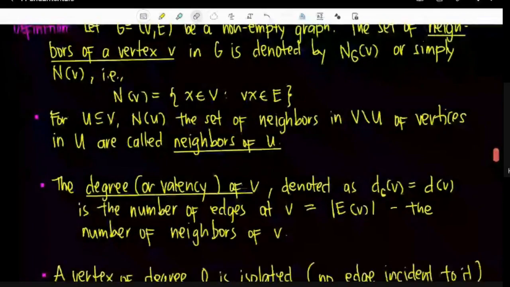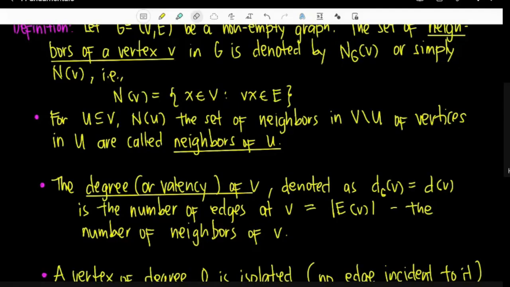Now, the degree of V, or sometimes called the valency of V, denoted as d(V), is simply the number of edges at V. That is the same actually as the number of neighbors of V. Again, the degree of a particular vertex is the number of edges adjacent to it.